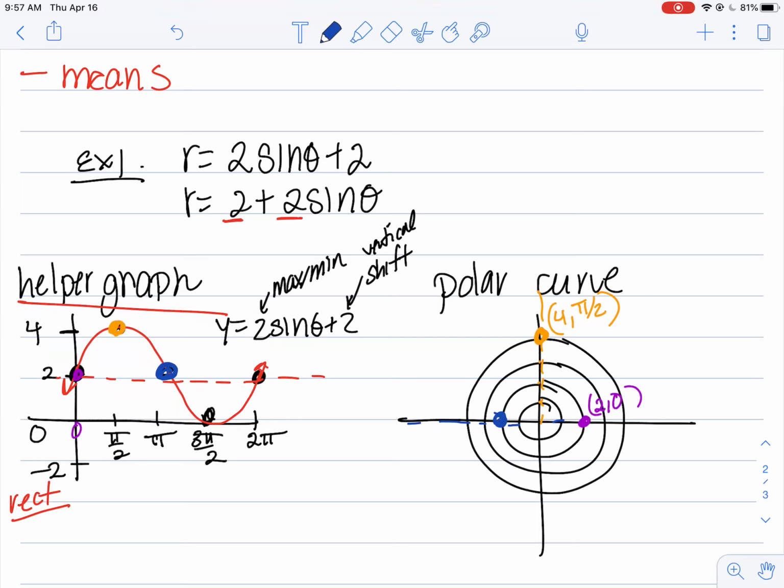Between pi and 3 pi over 2, it's also decreasing. And between 3 pi over 2 and 2 pi, it starts to increase. So this is what we call a cardioid.